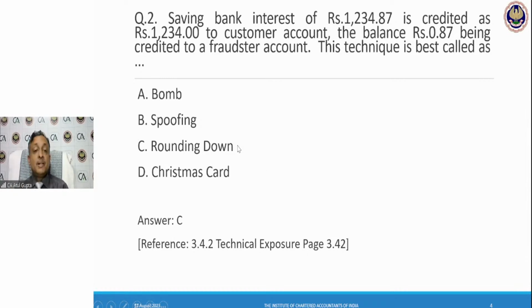Yeah, good, Darshan. But look at the options given. If Darshan is putting it could be salami also, but then look to the options. If they had to create a difference between salami and round down, they would have given the same in the question also. So if the option is only one, Darshan.